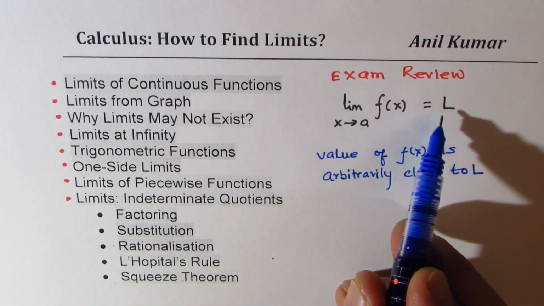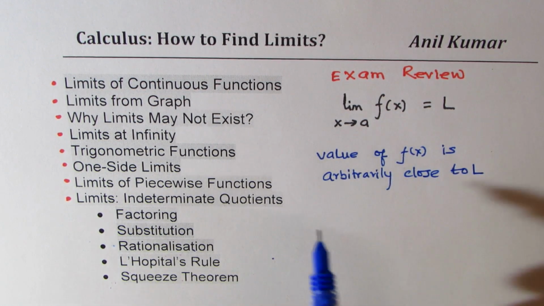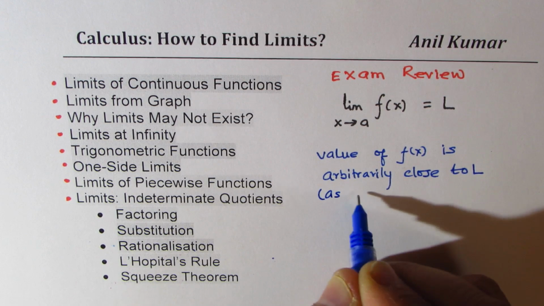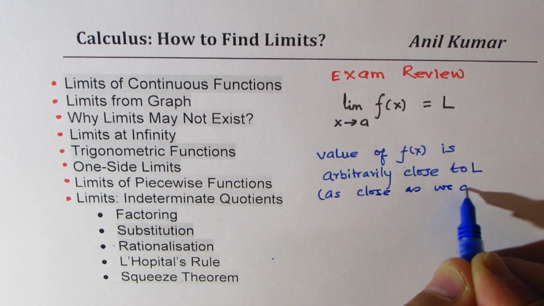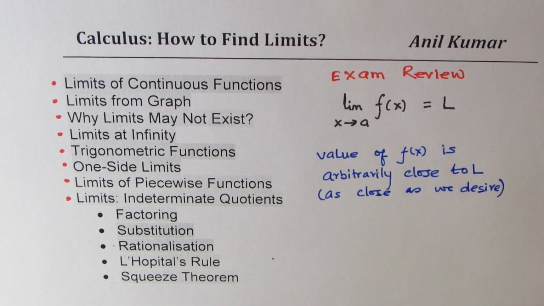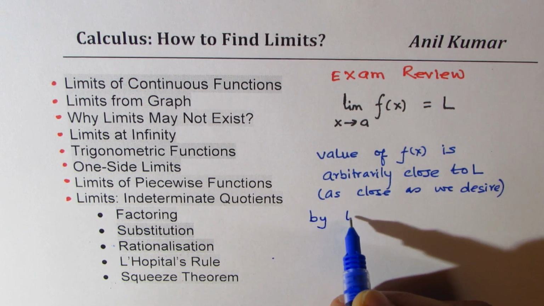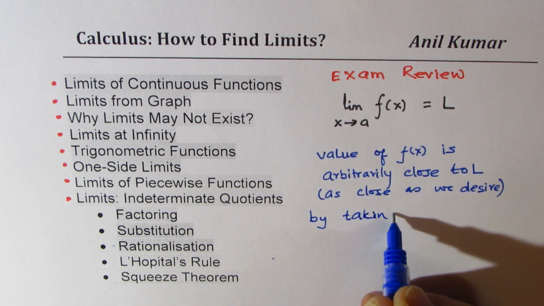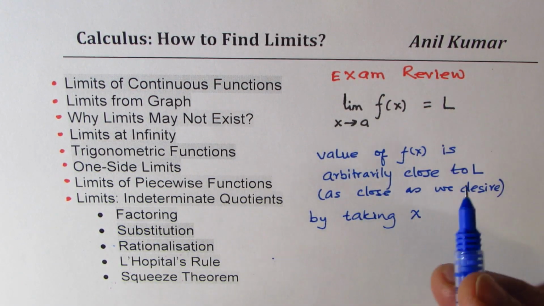So when we say it's equal to L, it is not really L. It's very, very close to L. It could be as close as we desire, but it may not be L, I should say that. By taking x sufficiently close to a, right?